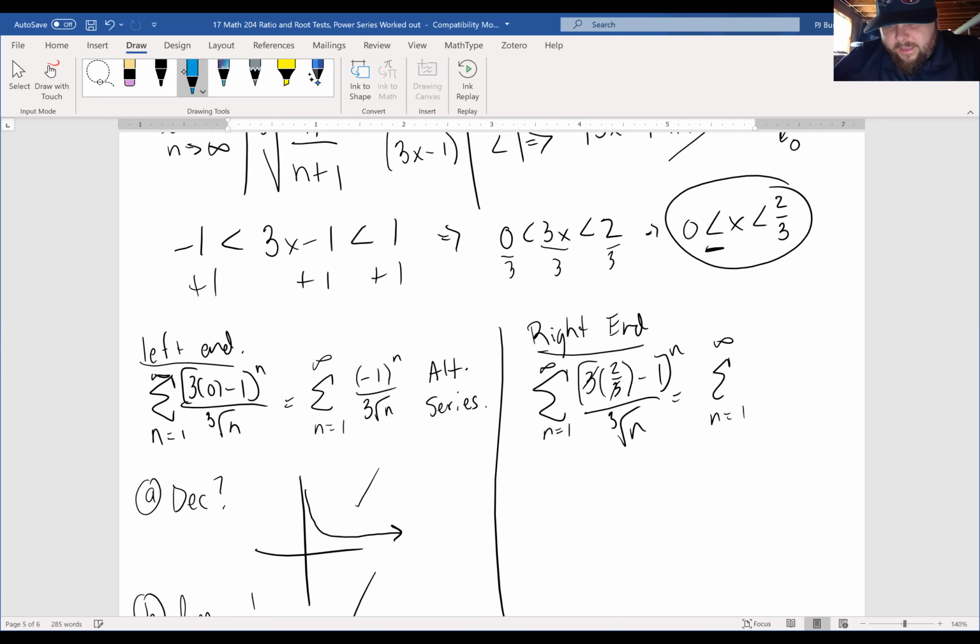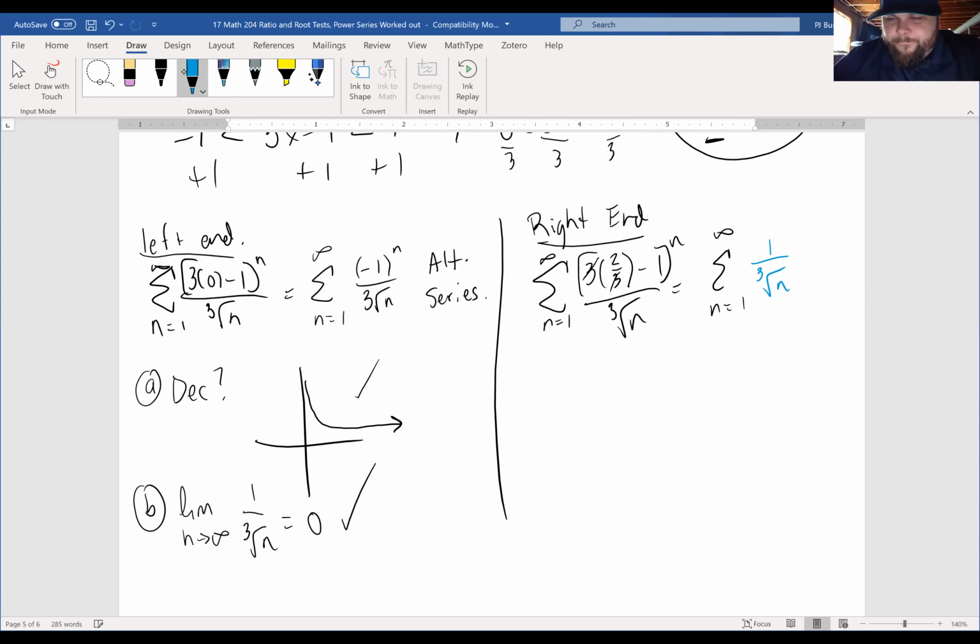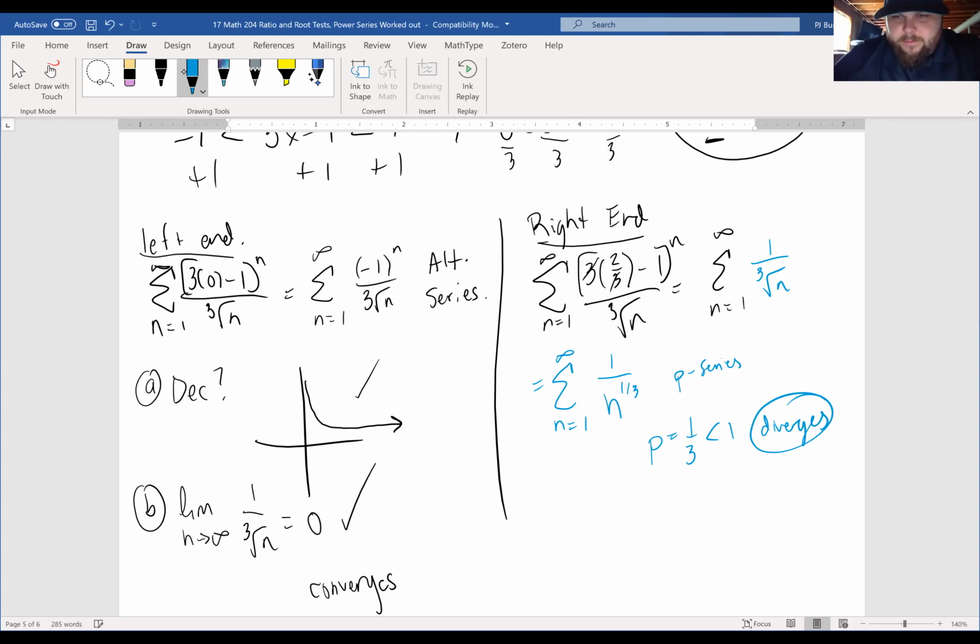So you just get 1 to the n, or 1, over the cubed root of n. That can be rewritten as 1 over n to the 1/3. That's a p series. P equals 1/3, less than 1 means diverges, which means we do not include the right endpoint.